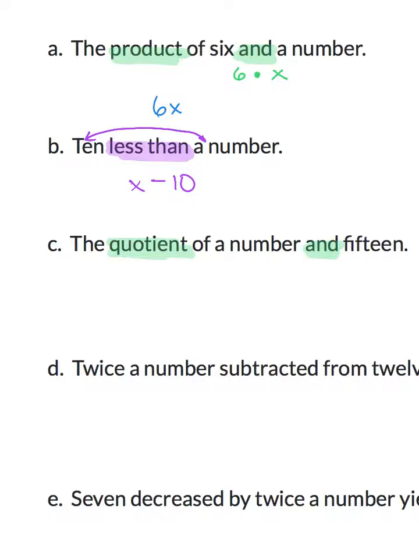We have x, a number. I'm going to put my division sign in place of the "and," then my 15. This is one way that you can write your expression. Another way that you can write this is in fraction form. You can write this as x over 15.